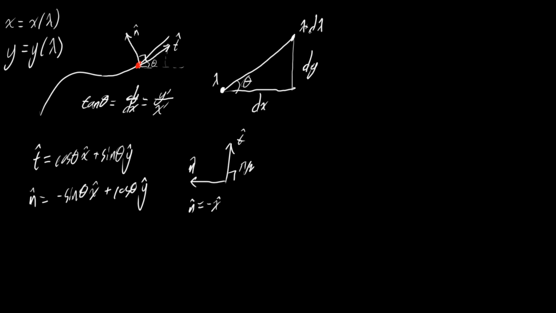So you can see how these two definitions definitely make sense. They describe our n hat and t hat perfectly based on the angle of the path. So those are going to be our definitions.